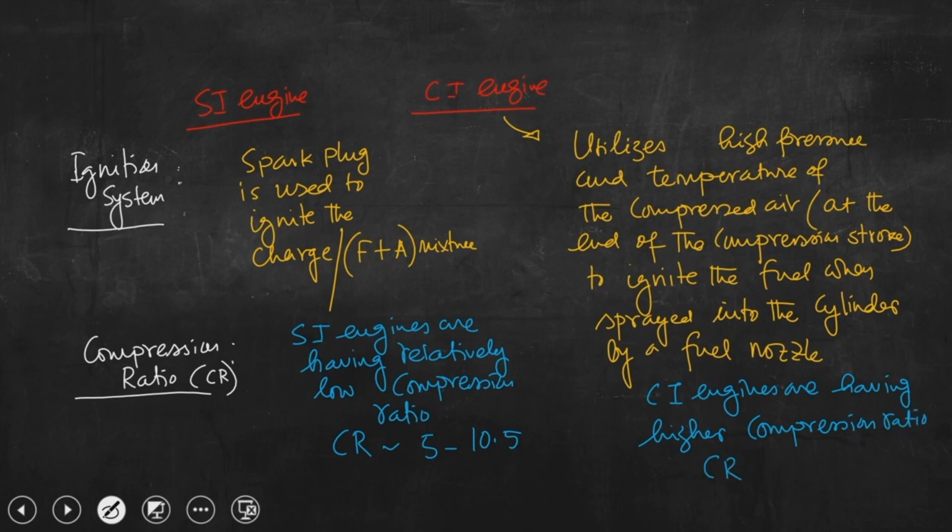And CR, compression ratio, varies from 10 to 22.